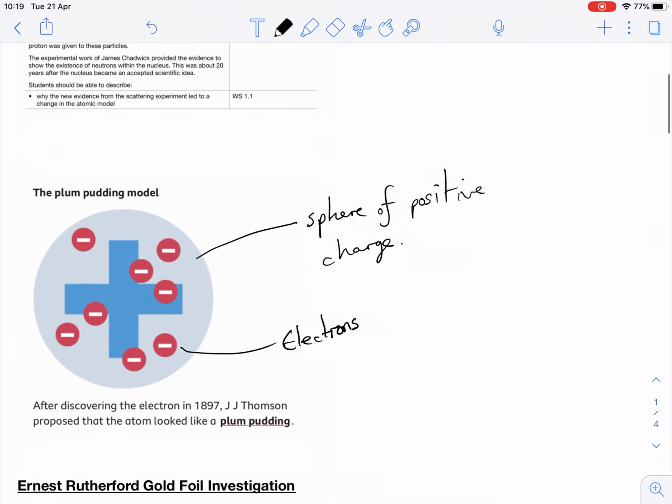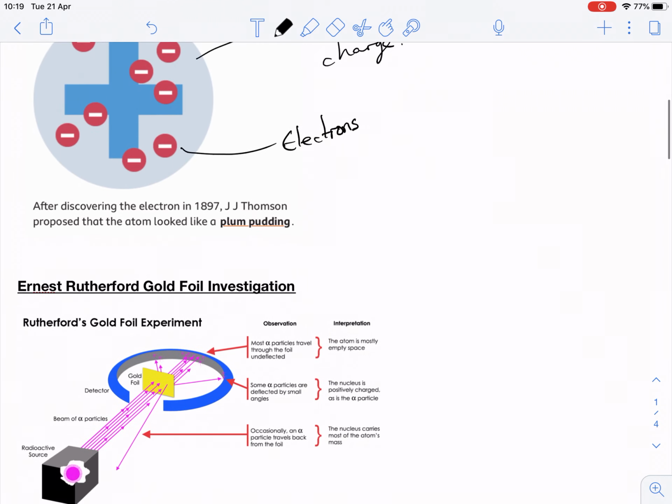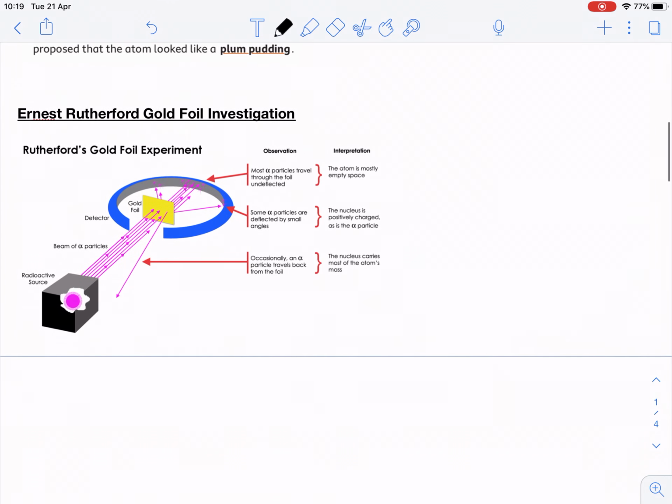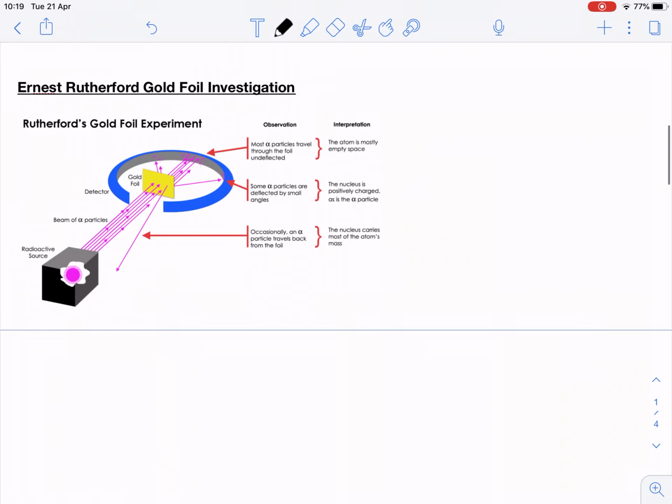Now, as time went on, more evidence was found, and that led to changes in that model of the atom. There was an experiment known as the gold foil experiment, or the scattering experiment, by a gentleman called Ernest Rutherford. As you can see on the diagram, we had a radioactive source that sent out beams of alpha particles.